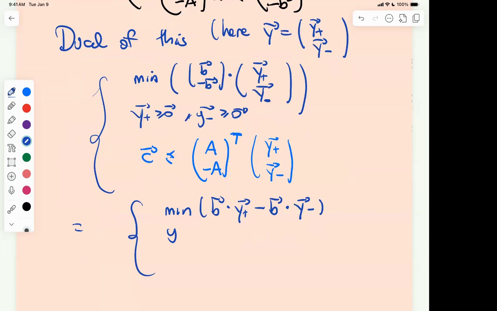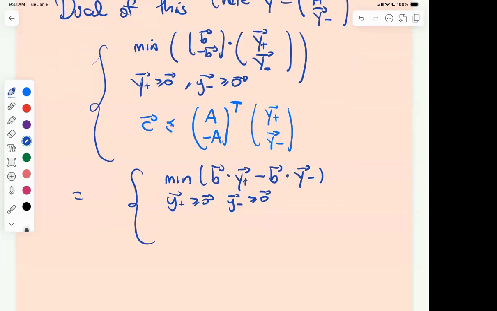That's fine. And then what is the transpose? The transpose is the transpose of each individual matrix, and then you turn the column into a row. So it would look like this: A transpose, minus A transpose, times y plus, y minus.